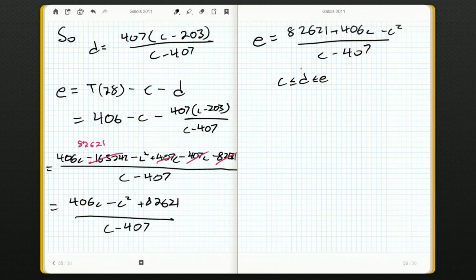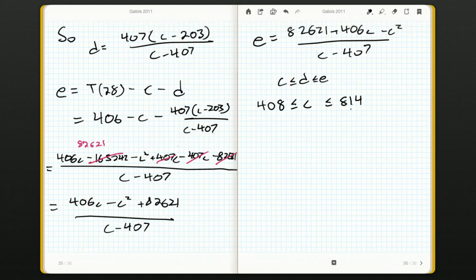So, if only we had, actually we do have an upper bound. We know that C has got to be greater than or equal to 408, and it's got to be less than or equal to 814, right? Because 814 was T of 28.